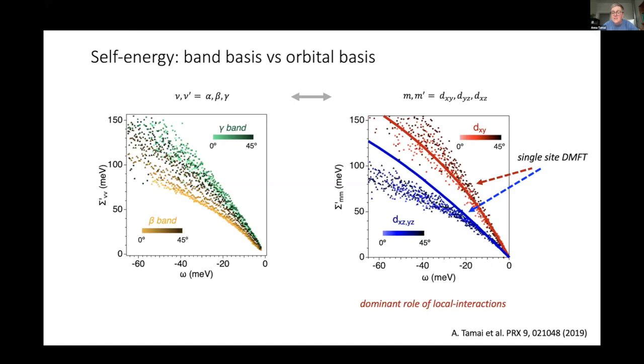I find this agreement already very good, but probably there are additional non-local interactions, because we know that there are spin fluctuations in this system. But the effect seems to be quite small, an additional effect, and the dominant effect is described by this local DMFT self-energy. Okay, thank you.